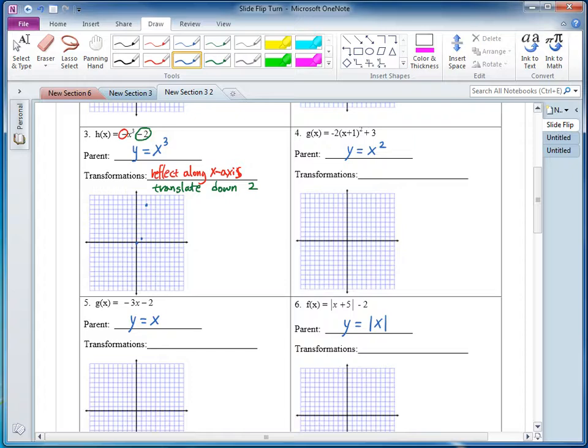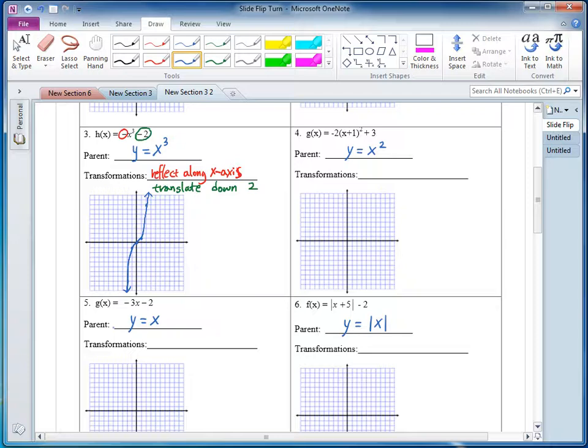So -1 and -1, and -2 and -8. This is going to be a nice and smooth curve, and this function keeps increasing from left to right. Strictly increasing all the time. So this is y equals x to the third power, the cubic function.